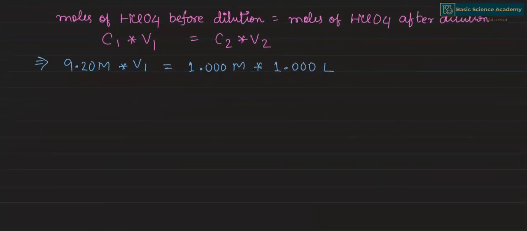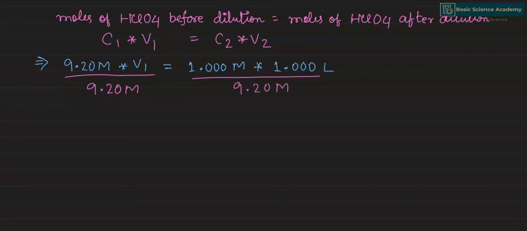Since we have to find V1, we have to divide both sides by 9.20 M, so that this 9.20 M will cancel out to give V1.